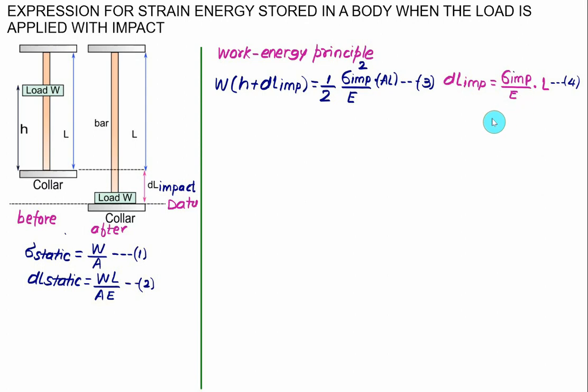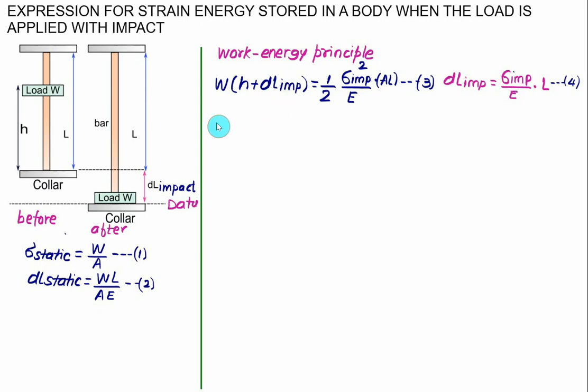In addition to this, we have already defined the static stress as W by A, and the static deformation as WL by AE. So we'll replace the deformation due to impact from the equation.